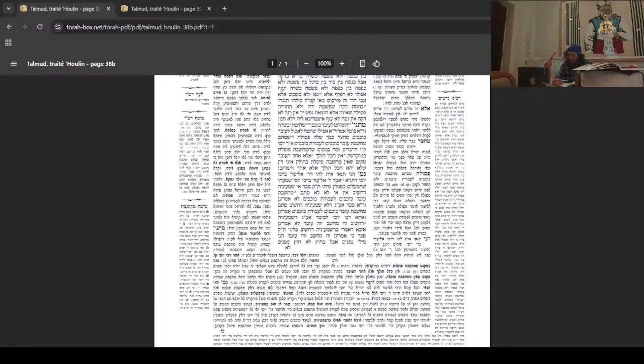Gavoa, v'havya kechelev v'dam. It's on the same level as forbidden fats and blood.